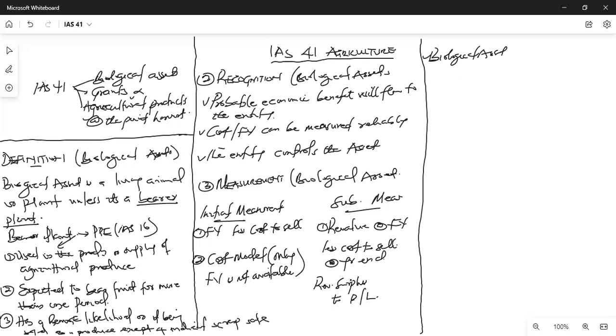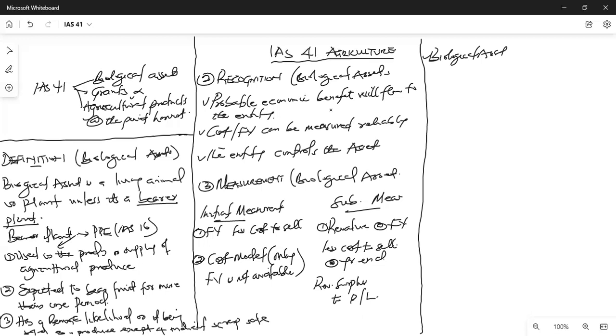Okay. So what are some of the examples of the biological assets that we are talking about? What can we come up with? If you know the bearer plants, then it means that all the other ones that we know, living animals and plants, will now be our biological assets.